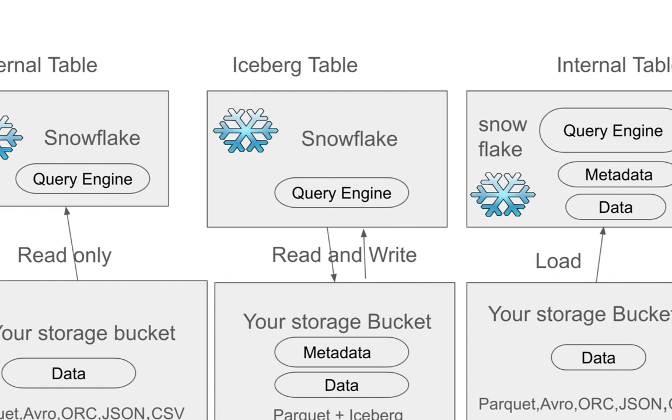So when do we use an external table, and when do we use an internal table? In case the customer doesn't want to store data in Snowflake, we will go with the external table. If the customer is okay to store the data and pay for the storage cost, we load the data into Snowflake. So that is the internal table concept. And these are the two traditional ones that we have.